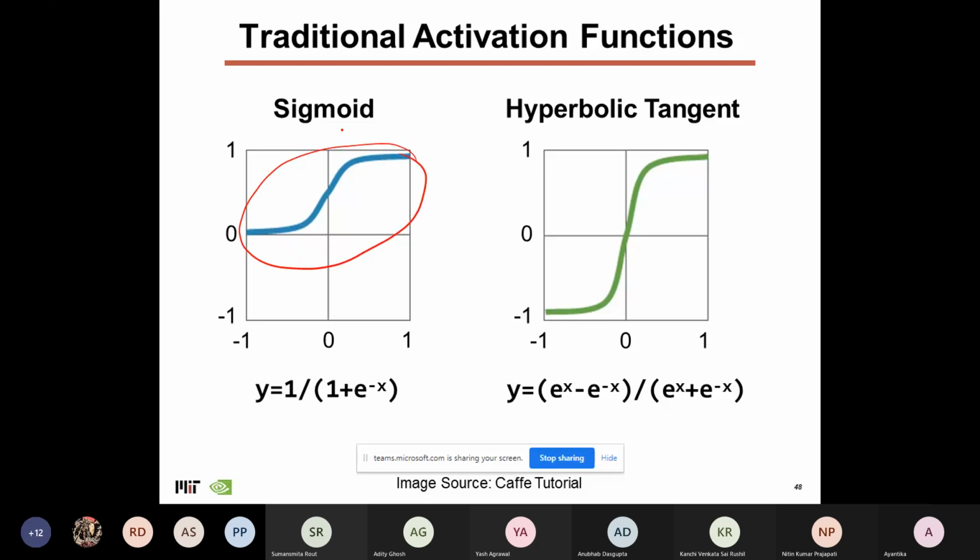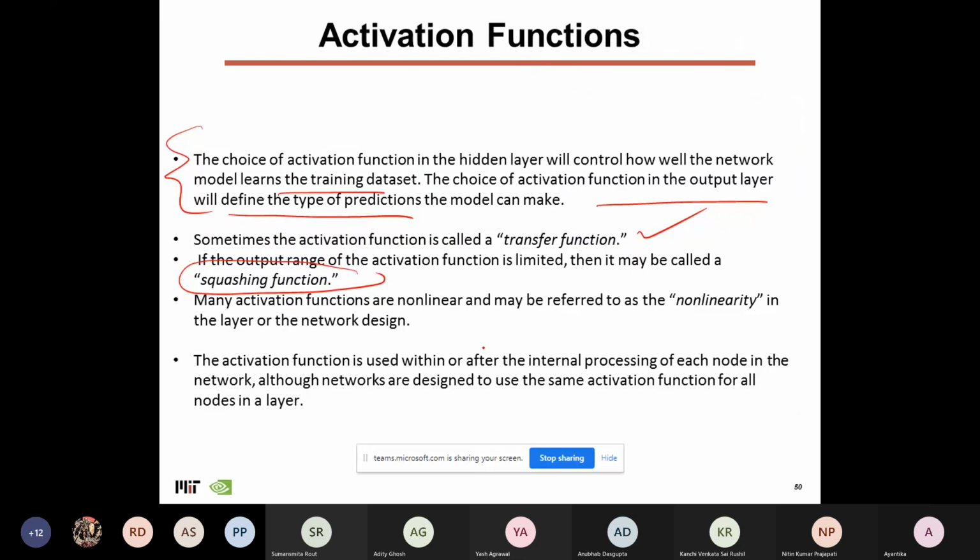After that, when you apply this activation function, you are squashing the value within 0 to 1, or for tanh, you are squashing the value within its particular range. And that's why these particular types of activation functions are called squashing functions.